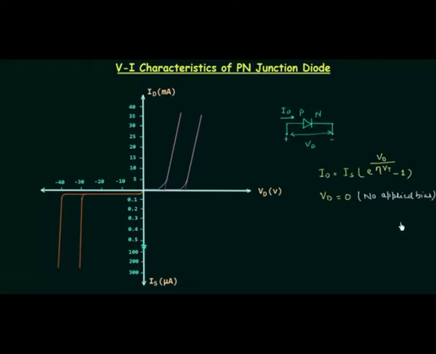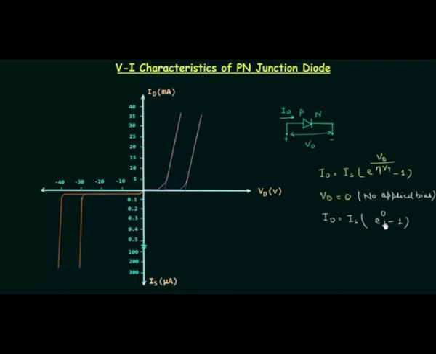This is the no bias condition, and if you see this plot, this is VD equals 0 and we have to find the diode current at this point. I will use this equation: ID equals IS times e raised to power 0 minus 1, because VD is equal to 0.